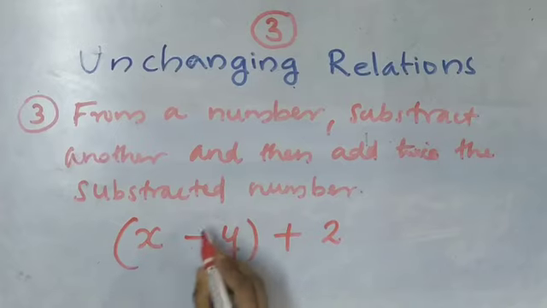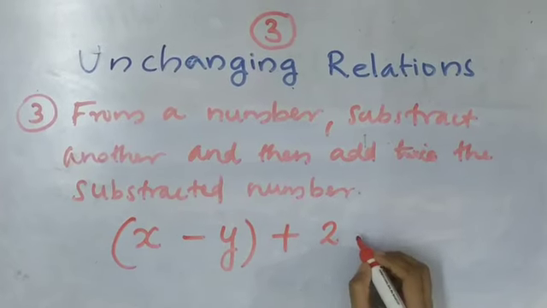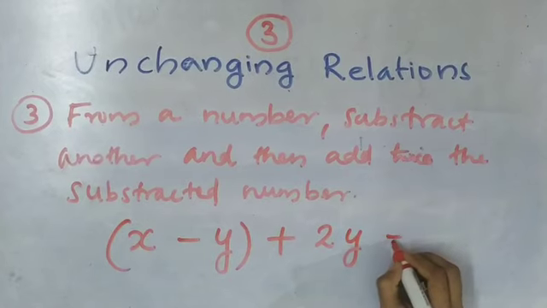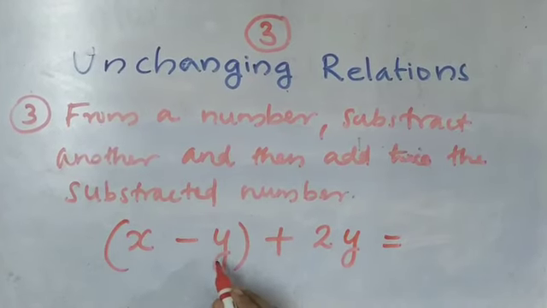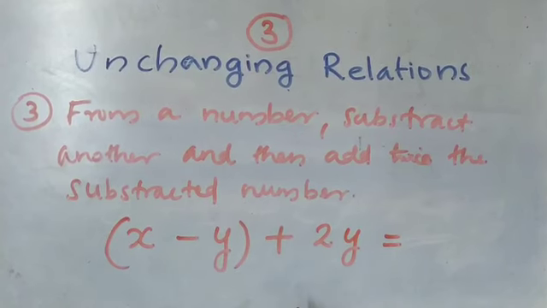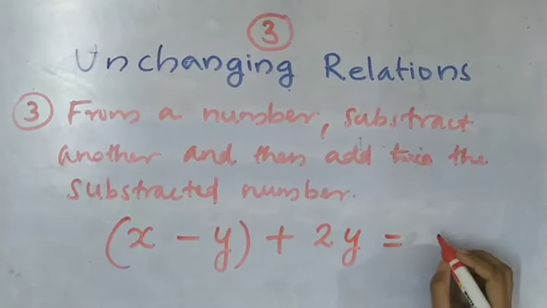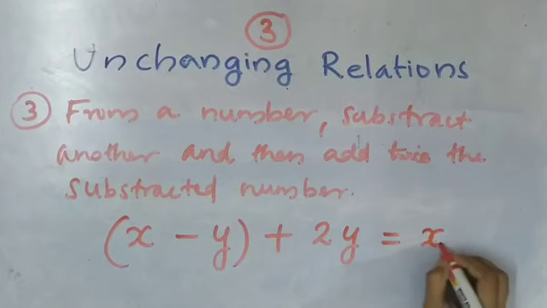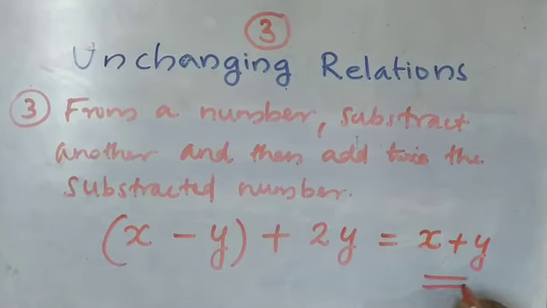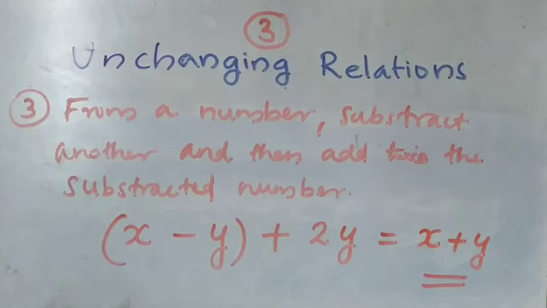Which is the subtracted number? y is the subtracted number. Add 2y. So the answer will be x minus y plus 2y. Minus y plus 2y means y. So x plus y will be the answer.